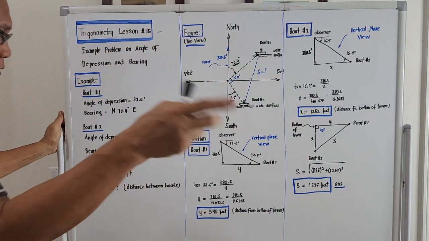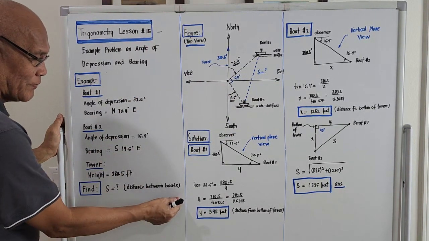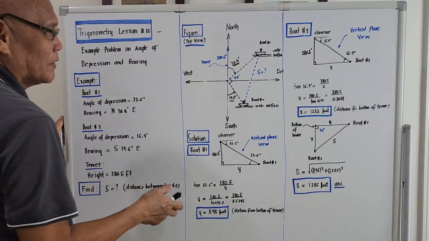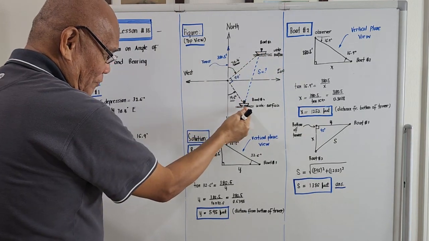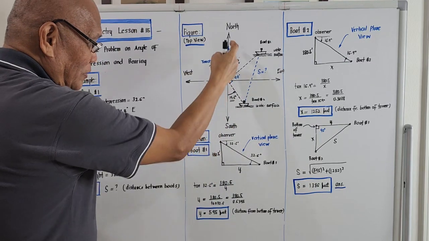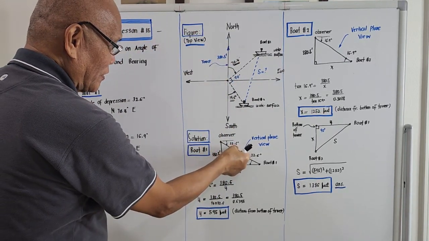Okay, the problem is asking what will be S equal to, the distance between the boats. So with these given conditions, boat number 1 is here, this is the bearing. Boat number 2 is here, this is the bearing. The angle of depression of boat number 1 with respect to the height of the tower is 32.6 degrees.